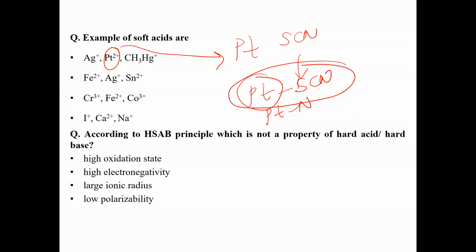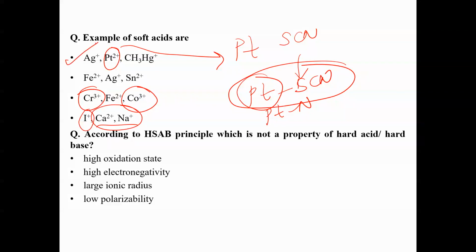Apart from that, chromium plus 3 and cobalt plus 3 are hard acids. In iodine, iodine has a very large size. But these two are hard.